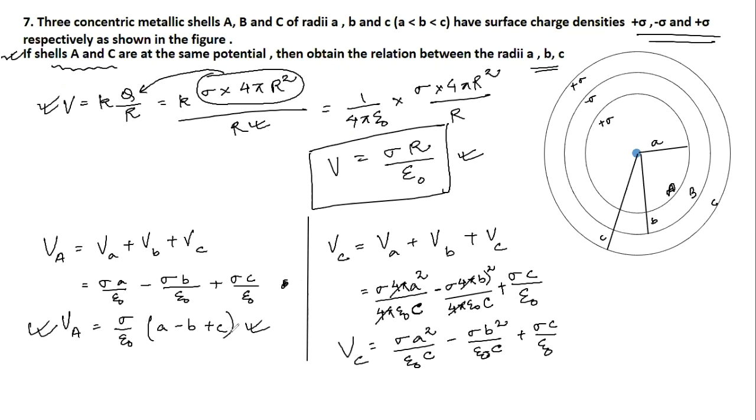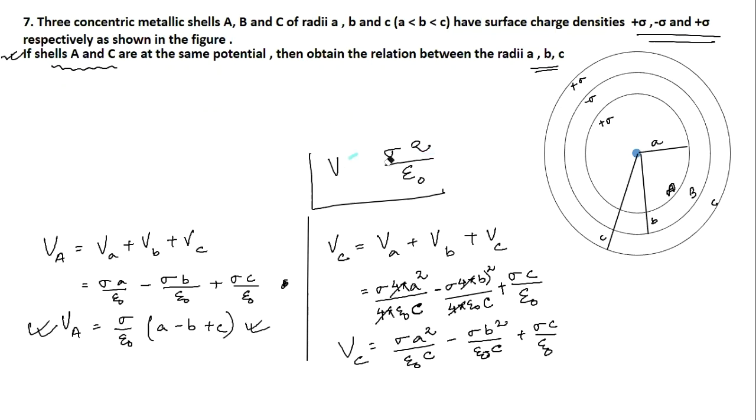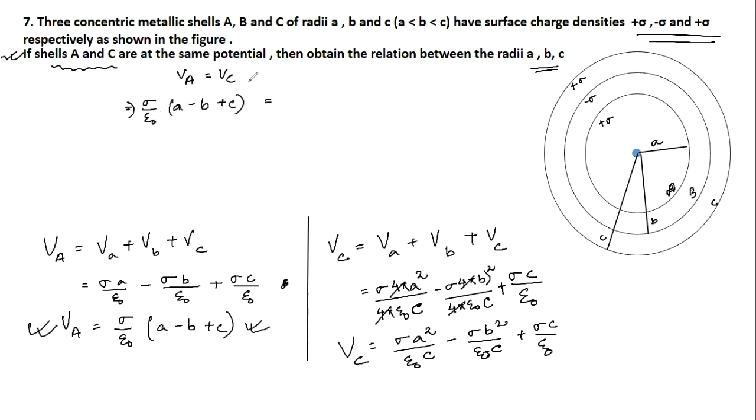Now we will make these two potentials equal to each other. Okay, and when we make these two potentials equal to each other, only then will we be able to find out what is the relation between these radii A, B, and C. So when we make VA equal to VC, we replace this VA term with nothing but sigma by epsilon naught times A minus B plus C. You replace the VC term, which is again sigma by epsilon naught.